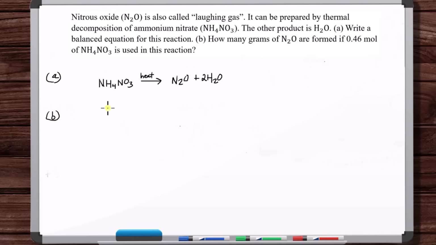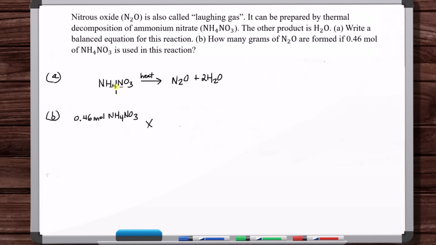Part B. How many grams of N2O are formed if 0.46 moles of NH4NO3 is used in this reaction? Okay, so they're telling us that 0.46 moles of NH4NO3 are used. So we're going to go from this to grams of N2O.